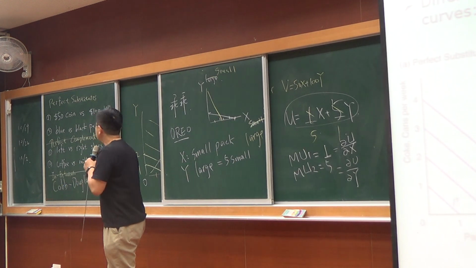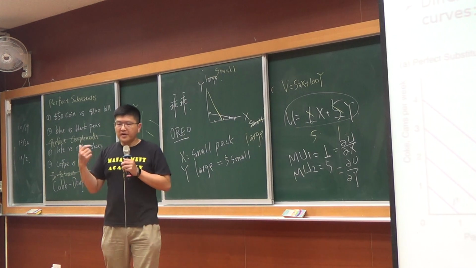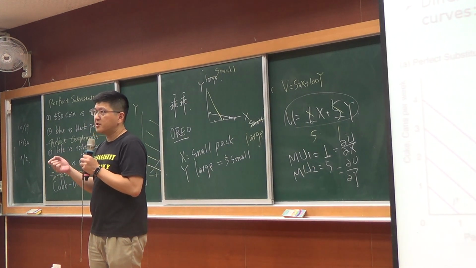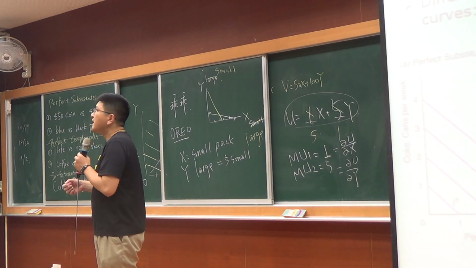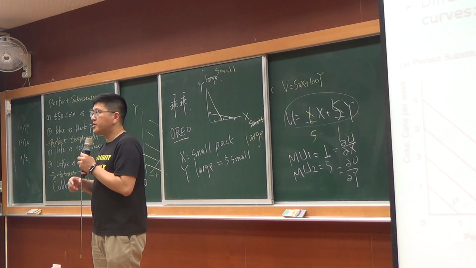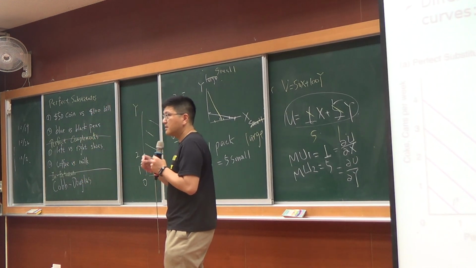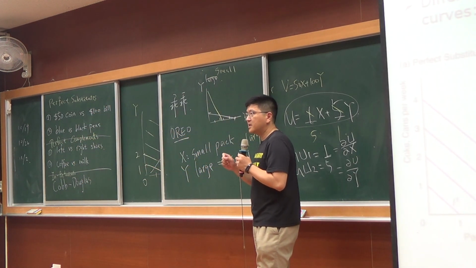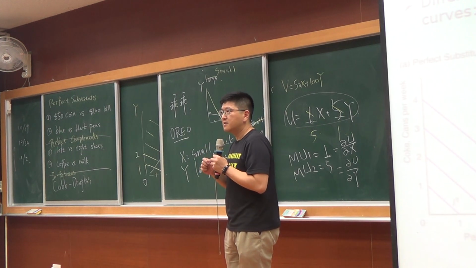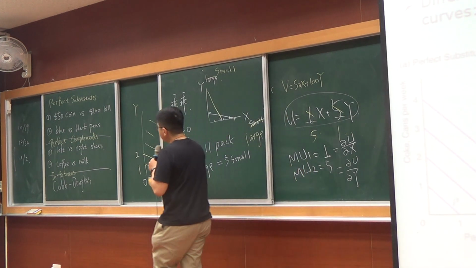Okay? So either blue or black pens provides the same utility to her or to him. Her or his utility level depends on the number of the pen. How many pens he or she has. That's the point, okay?